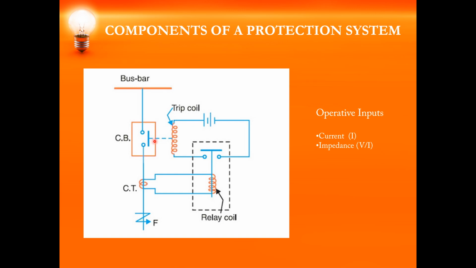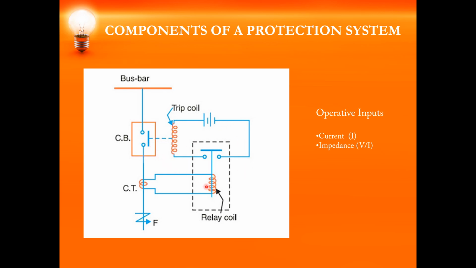You have a suitable medium to interrupt the arc, such as an oil circuit breaker, air circuit breaker, SF6 circuit breaker or vacuum circuit breaker. Using this circuit breaker, you can interrupt the arc.